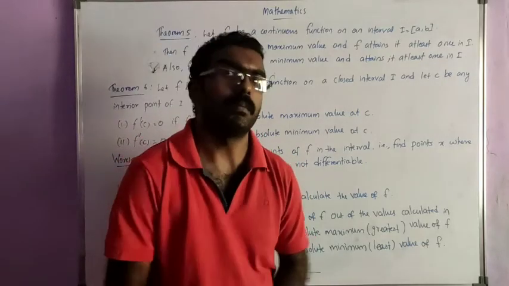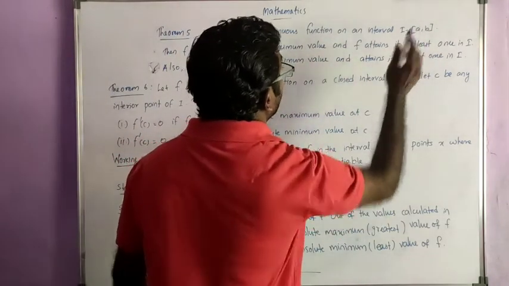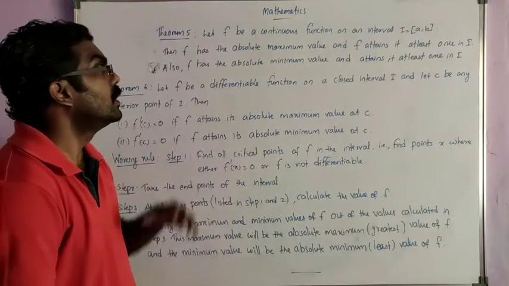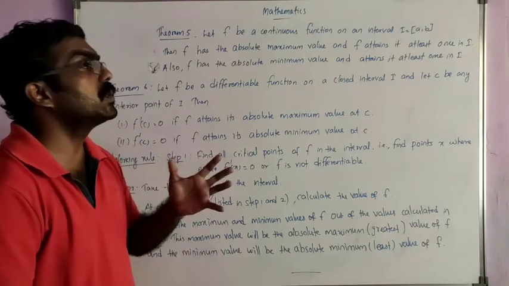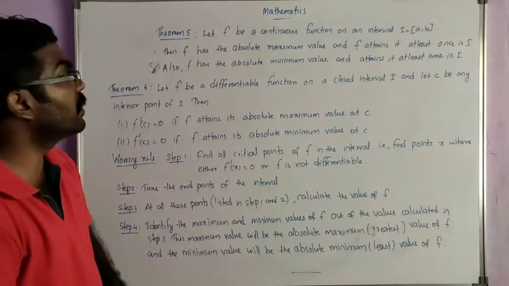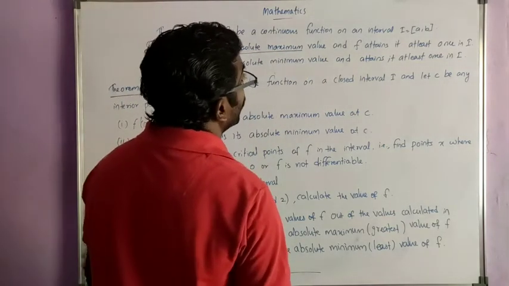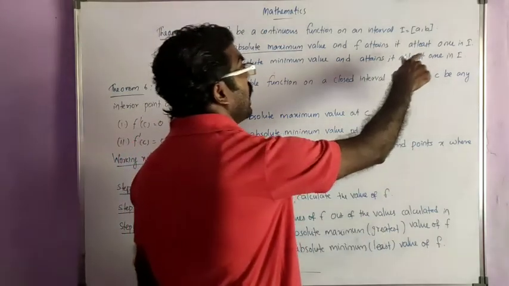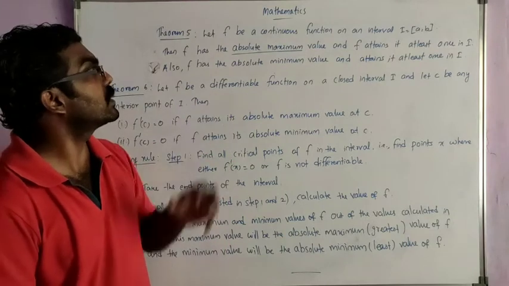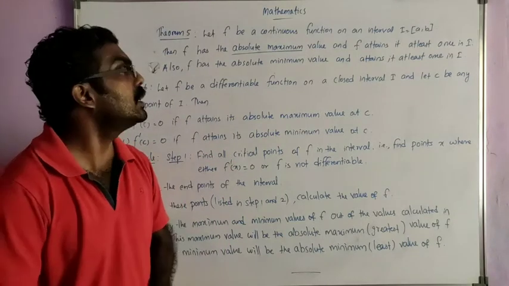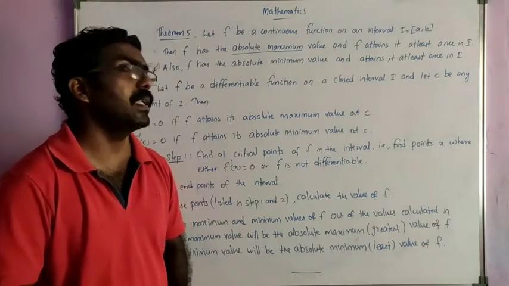Now we move on to the next theorem. Let f be a continuous function on an interval I equal to the closed interval ab. Then f has the absolute maximum value and f attains it at least once in I. That means f attains its least value at least once.